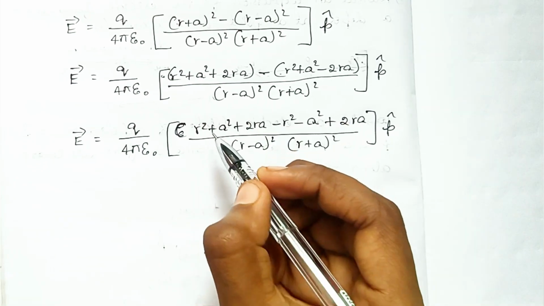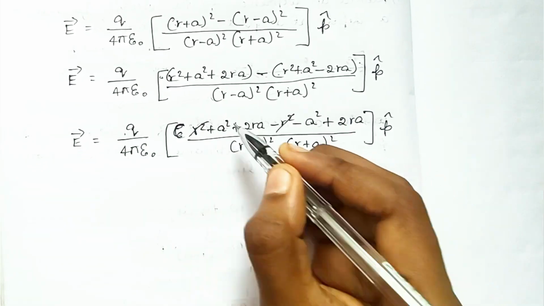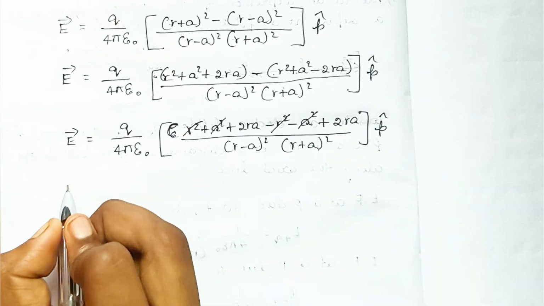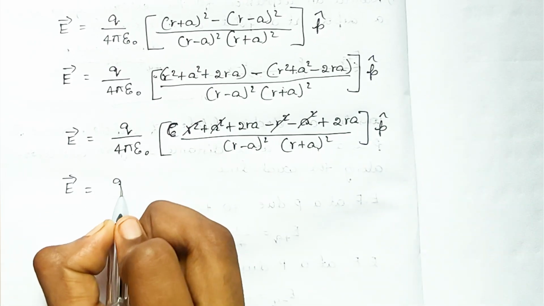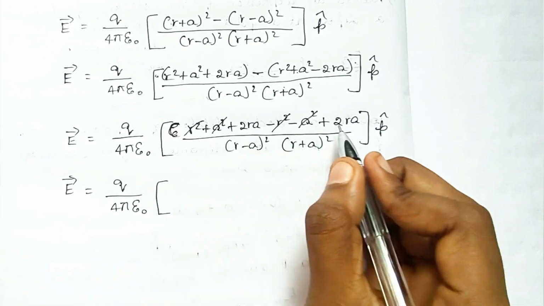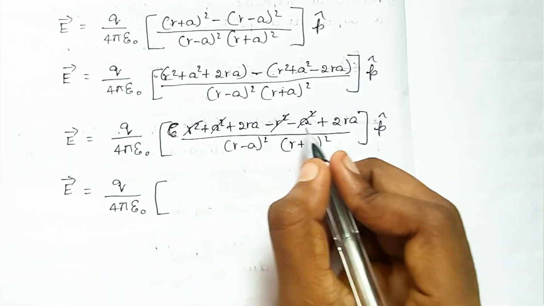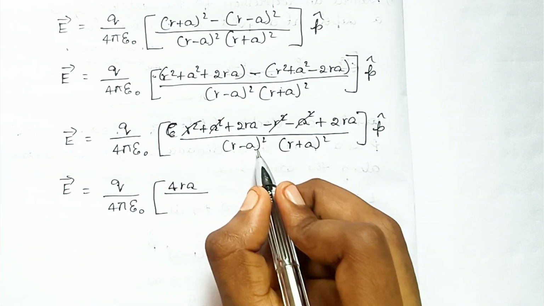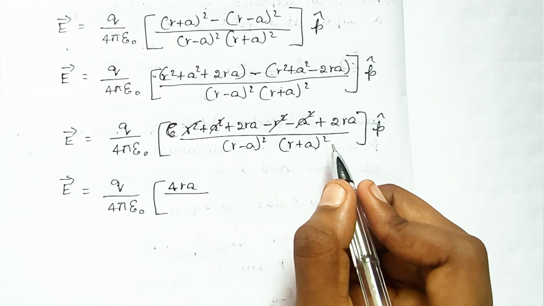Now plus r square cancels with minus r square and plus a square cancels with minus a square. Now we have E vector is equal to Q by 4 pi epsilon naught into 2ra plus 2ra, that is 4ra, divided by (r minus a) whole square into (r plus a) whole square.